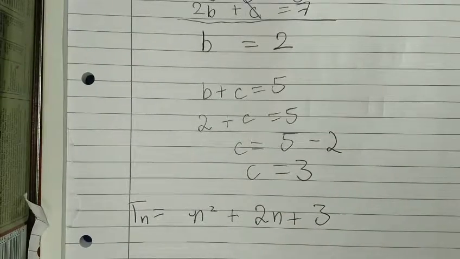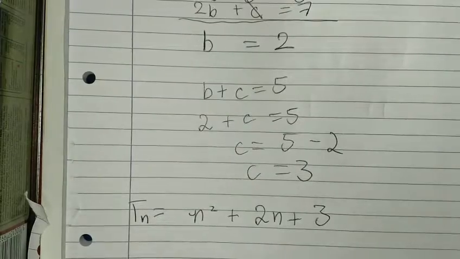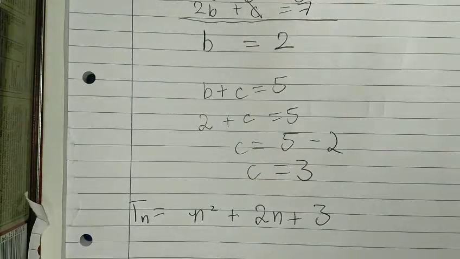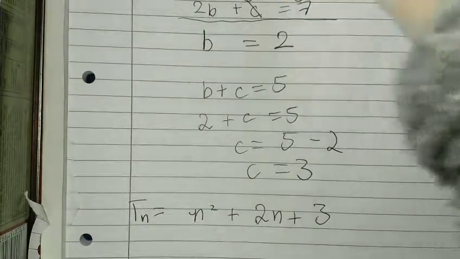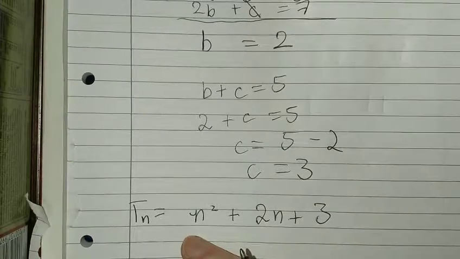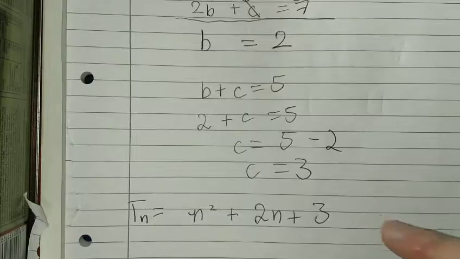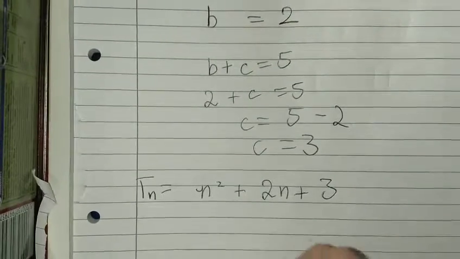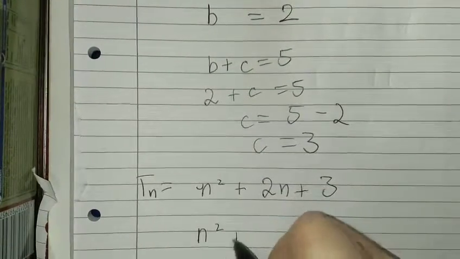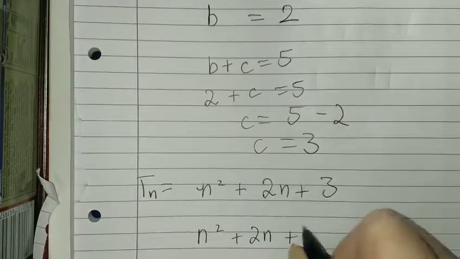And then I'm asked to find the number of the stage which has 443 tiles in total. So n that I plug into this equation is the stage number. And what I let that equal to is the total number of tiles in that stage. So I'm going to let this equal to 443.